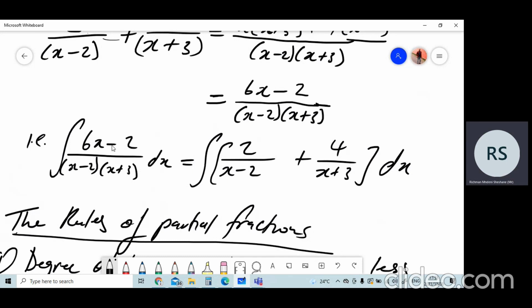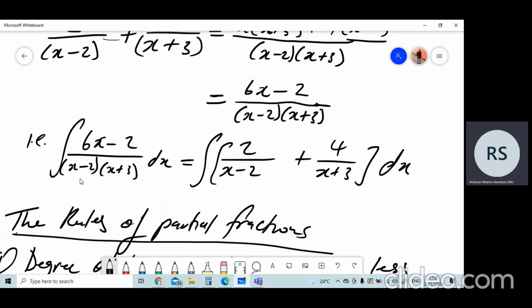The degree means the highest power, the highest power of x. The highest power of the numerator here is 1, x to the power of 1. The highest power of the denominator is 2, after I multiply the brackets out, you have x to the power of 2.